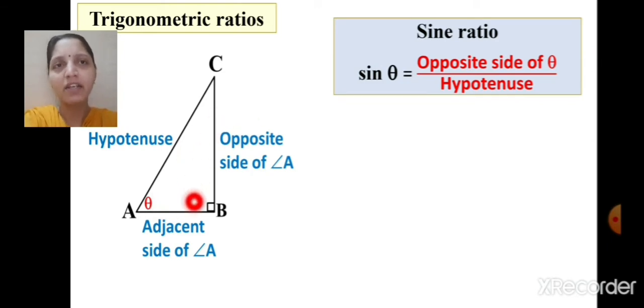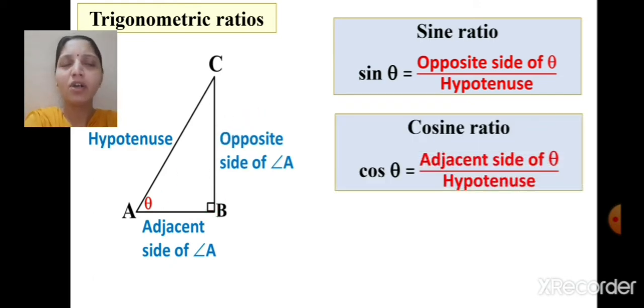So your sine ratio will become BC upon AC. Then we have learned cos theta, that is cosine ratio, and its formula is adjacent side of theta upon hypotenuse. So what is the adjacent side of theta? It is side AB upon hypotenuse, side AC.